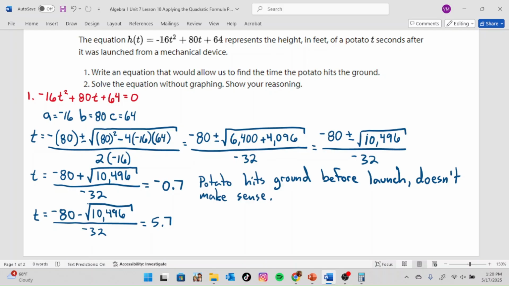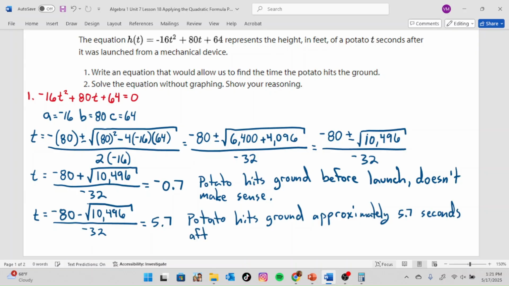However, the other answer means the potato hits the ground approximately 5.7 seconds after it's launched.